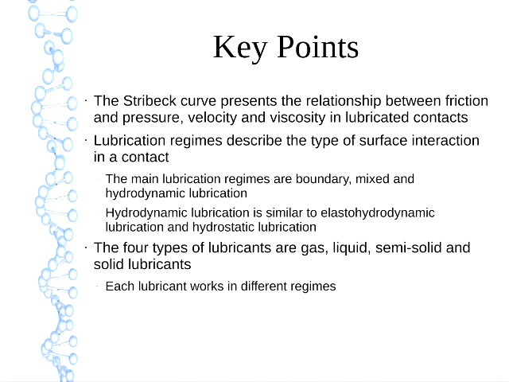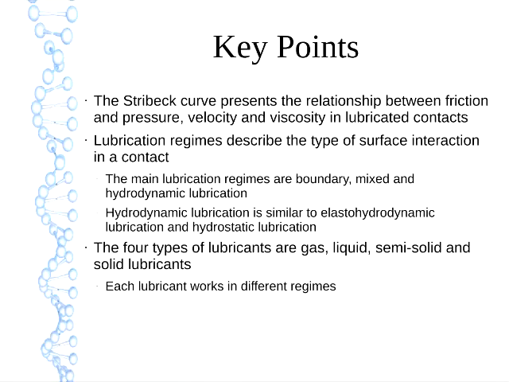So some key points to take away from this presentation. The Stribeck curve presents the relationship between friction and the variables of pressure, velocity, and viscosity in lubricated contact. Also, roughness. Lubrication regimes describe the type of surface interaction in a contact.